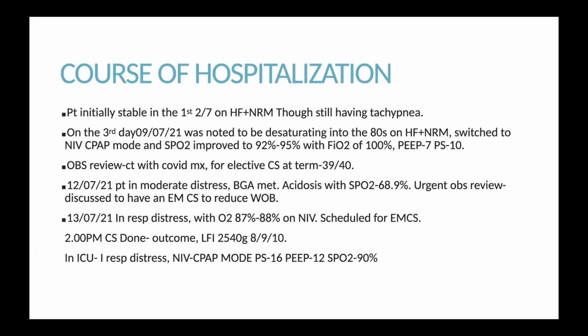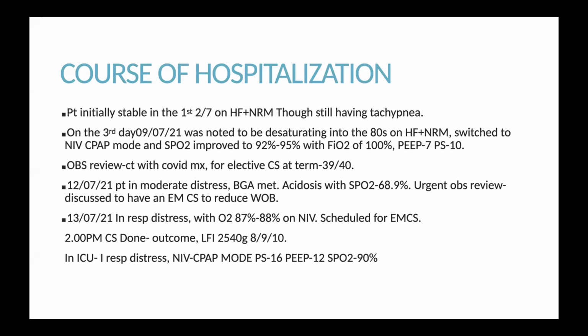We started her on an FiO2 of 100 with a PEEP of 7 and pressure support of 10. The obstetric team came and reviewed her on that day when she was desaturating. But when she had improved on the NIV, they deemed it fit for her to have an elective CS when she was term.